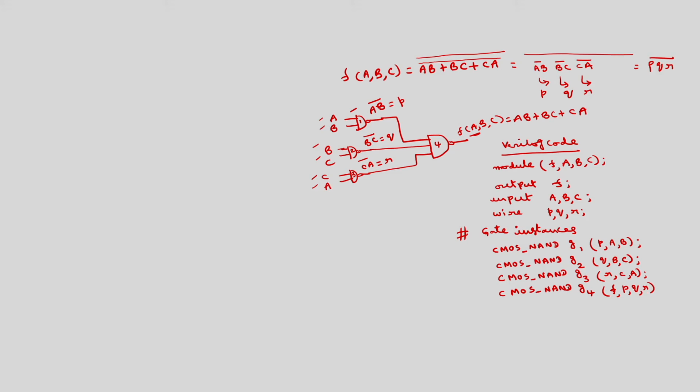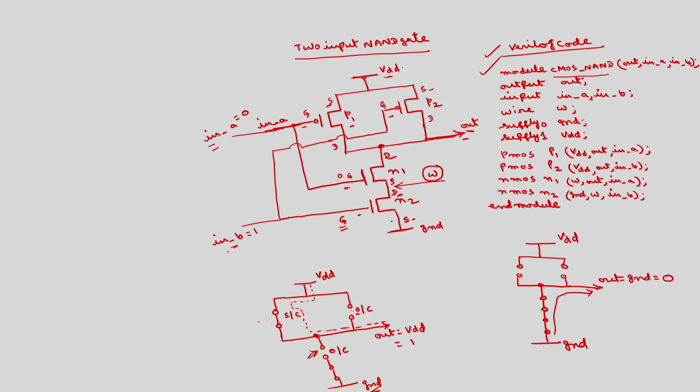This last one you call CMOS NAND 3, because the program we have written is for a 2 input NAND gate.